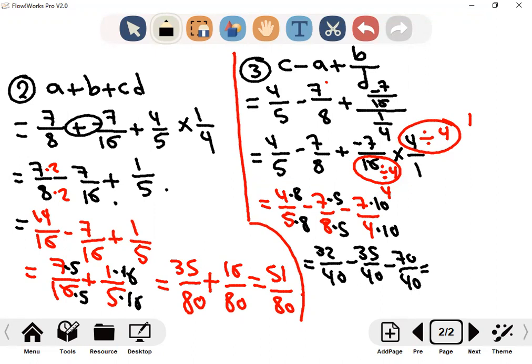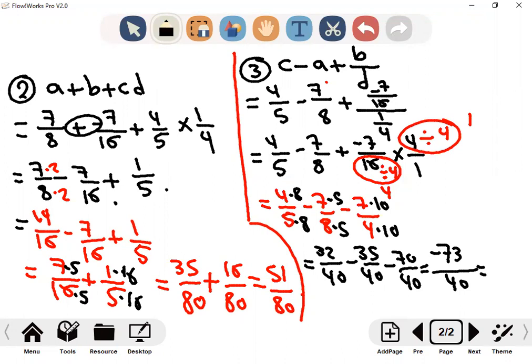Focus a bit now. Down, what we have is ready. Now up: 32 minus 35 is negative 3. Negative 3, negative 70, negative 73. We add and put the same sign, right? So up we have negative 73.